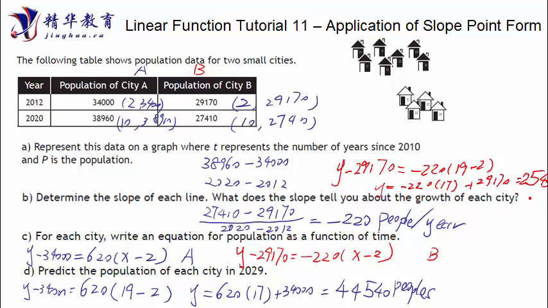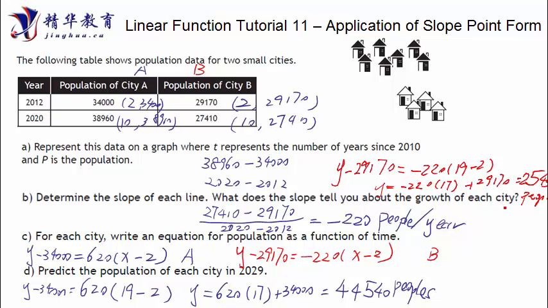Okay, that's how many people are left. In 2012 we had 29,000. In 2029 we only have 25,000. There are 4,000 people lost. Okay, that is the prediction.